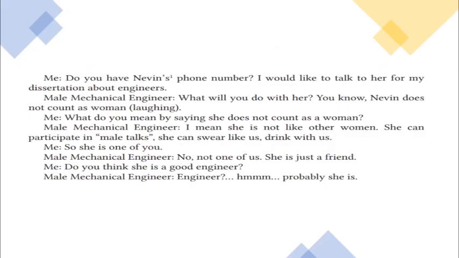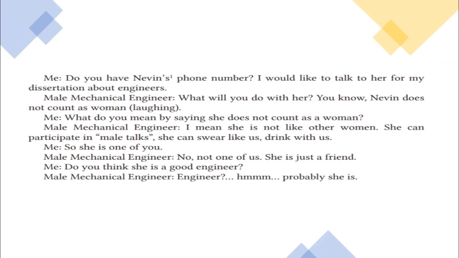Here I put an example from my research. While I was doing my research, I read too many arguments about discrimination, but this one is weird for me. Here, one girl wanted to speak with a female engineer for her dissertation and asked for her number, but the male engineer was surprised and started to make a joke about his female colleague.